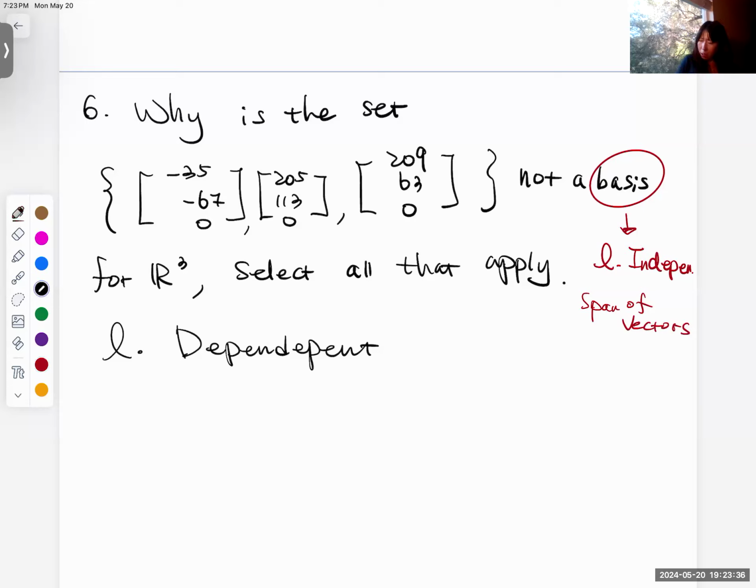So linearly dependent and then this is not basis, then we can say that it does not span, right? Very good. Spanning set. Okay.